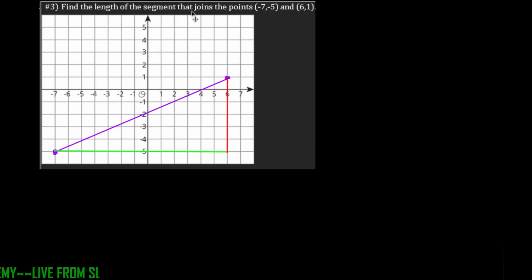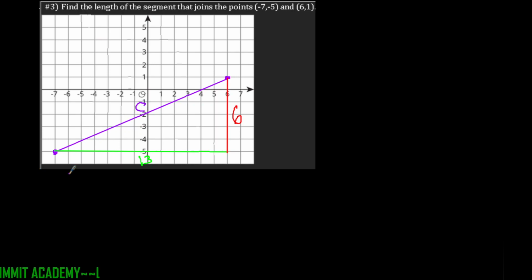Well, how long is this side length? I go from 1 to -5, so this is going to be 6 steps. And from -7 to +6, that's going to be 13. So the green part is going to be 13. You can notice how it makes a right triangle, and I'm trying to find this purple length, which is that side length C.